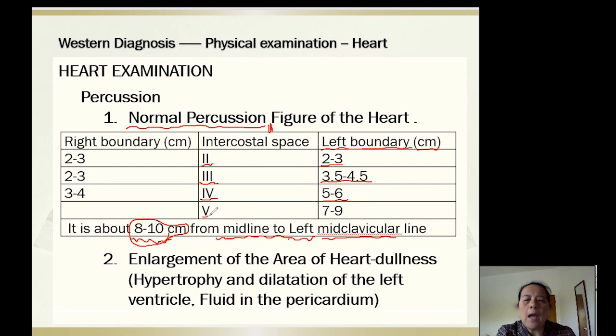In the fifth intercostal space, that's the bigger part, the apex area, 7 to 9 centimeters. So that's the margin we're talking about. The apex is about 0.5 to 1 centimeter medial to the midclavicular line.